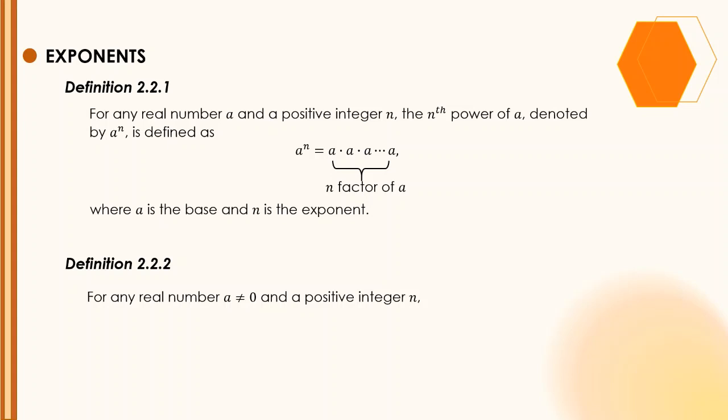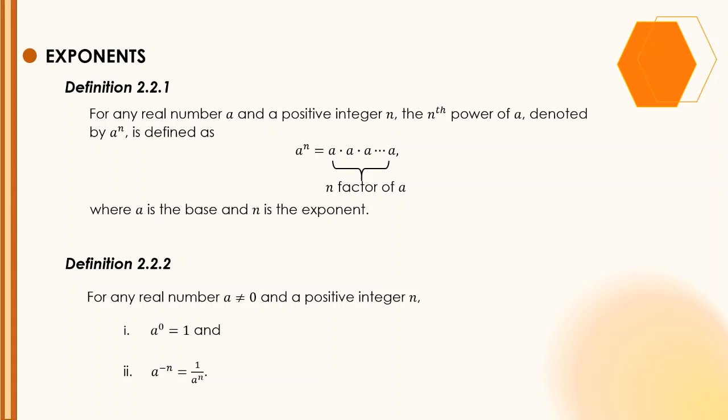For any real number a not equal to 0, a to the power of 0 is equal to 1. So, kahit anong real number na nakalagay kay a, pag exponent niya is 0, it is equal to 1. Kahit ang a is million, pag exponent niya is 0, 1 ang equal pa rin.